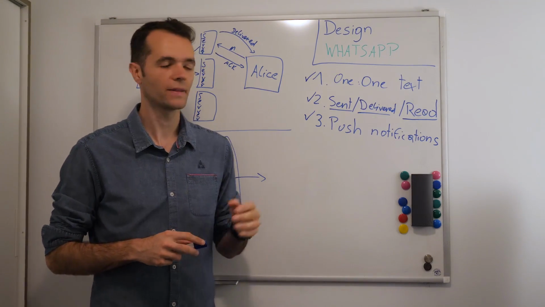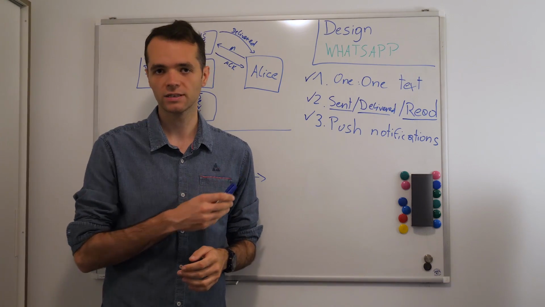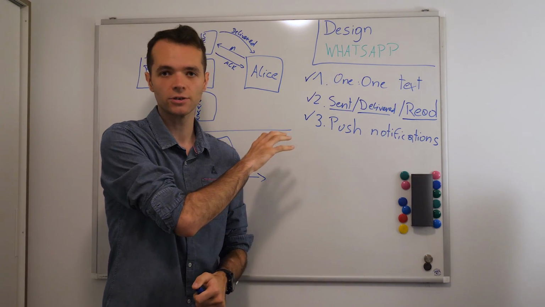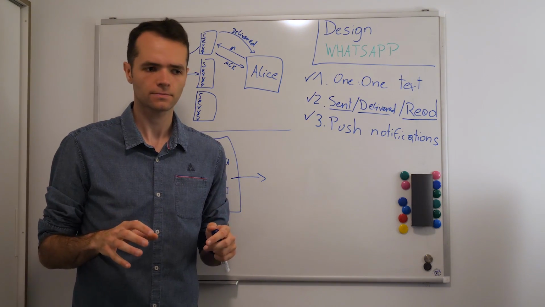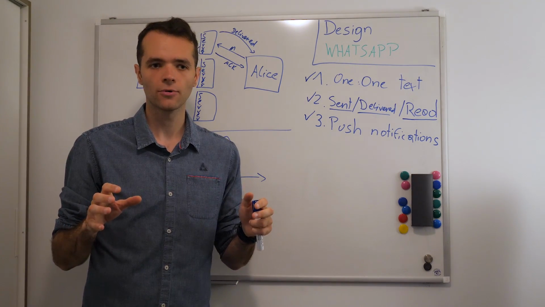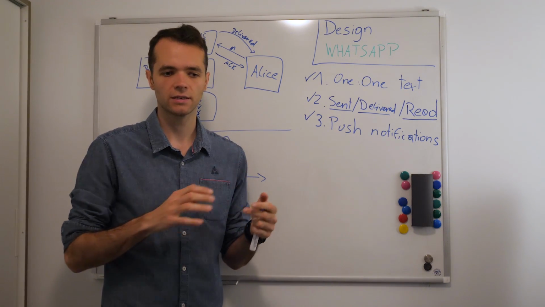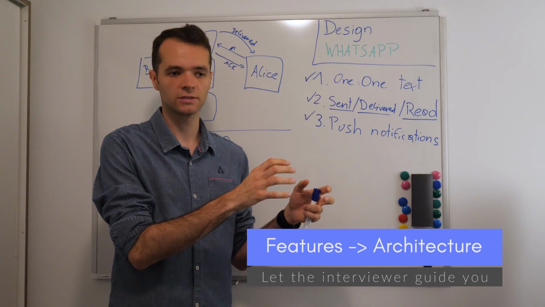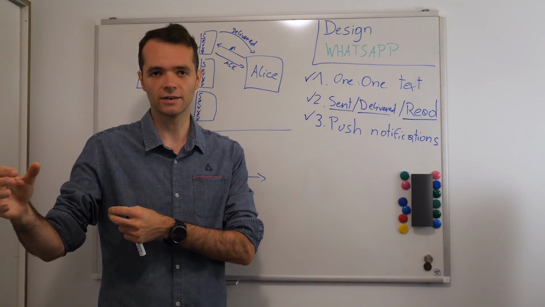Okay, this is today's video. I gave you a quick rundown of how to design something like WhatsApp or Facebook Messenger. We looked at 3 core features and we also talked about some of the more advanced topics. And as a quick summary, don't forget, if you ever get asked something like this, take a step back and think about the features first and then derive from those features the desired architecture.